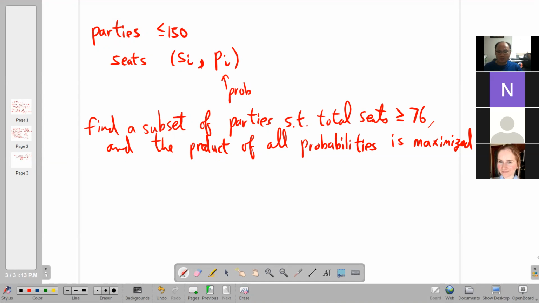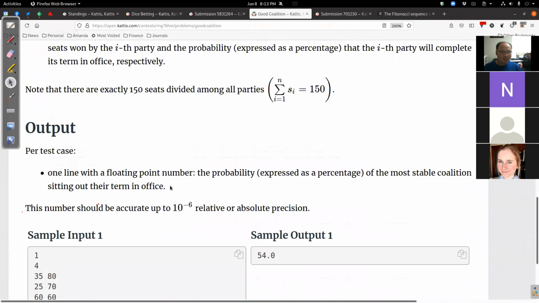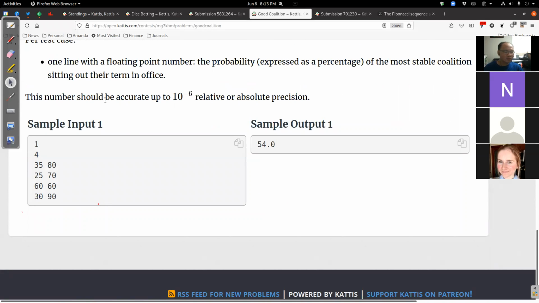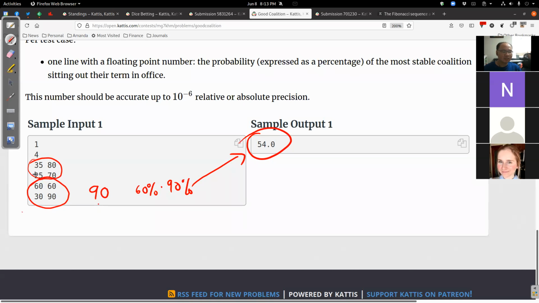So if we look at this example here, if you choose these two, you got 90 seats together, and it's 60% times 90%, which gives you 54%. Or if you try to put these two together, it's 56%, but it's not enough because 35 plus 25 is only 60 people.